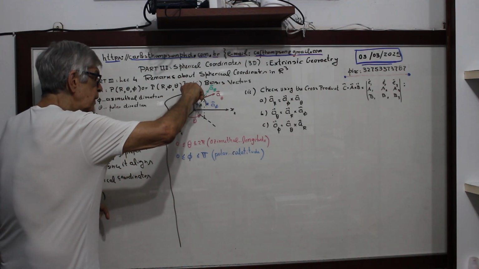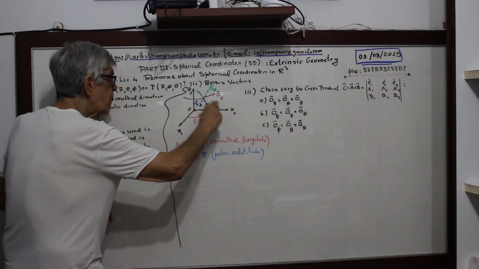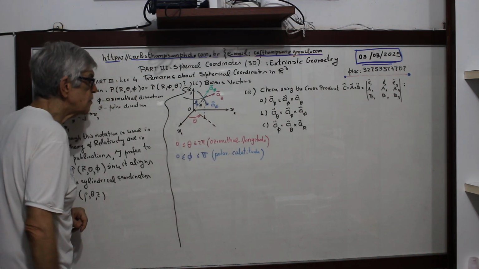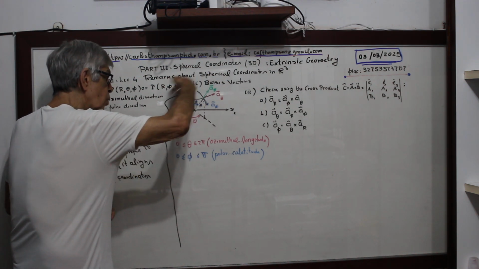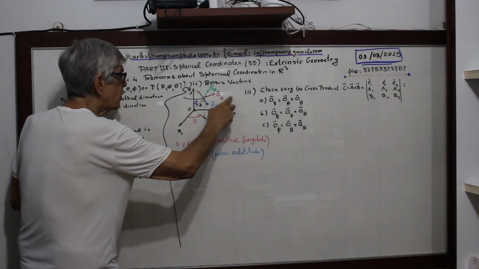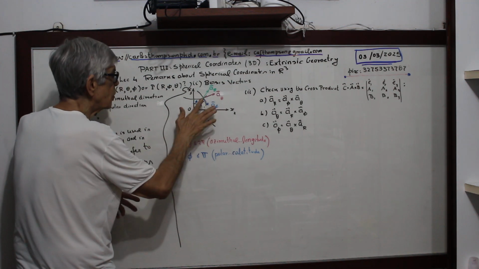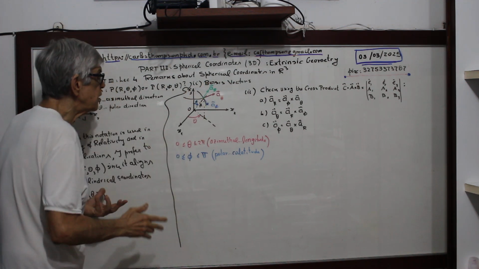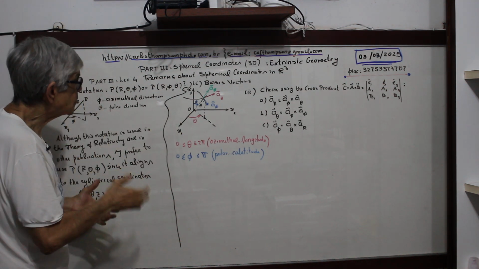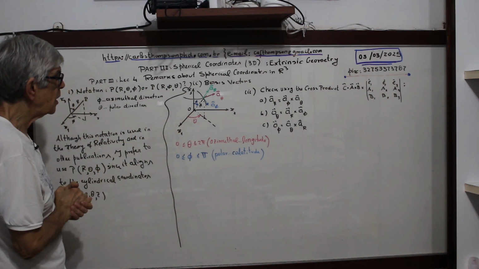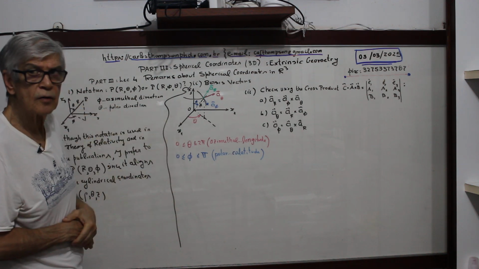Because phi increases from the North Pole, this vector points in this direction. Likewise, theta rotates, and a theta points that way. And A r points radially. That's the radius A. That's for you to see clearly these basis vectors.